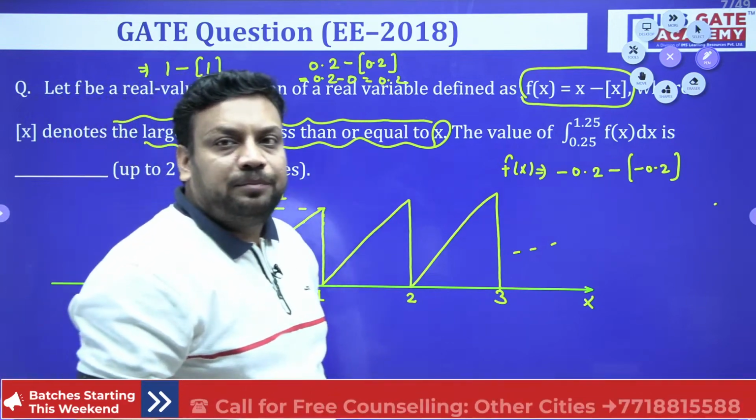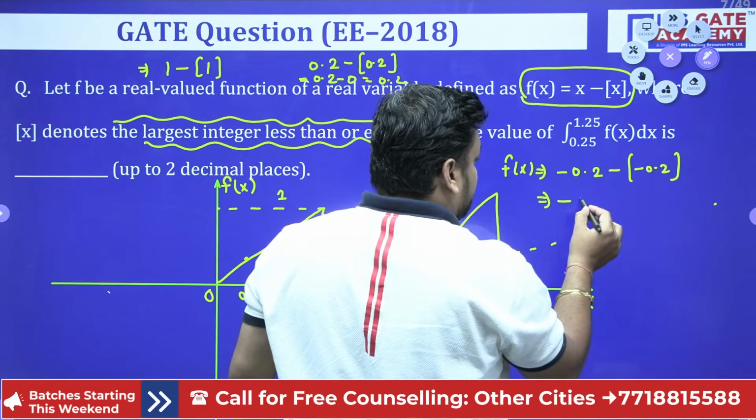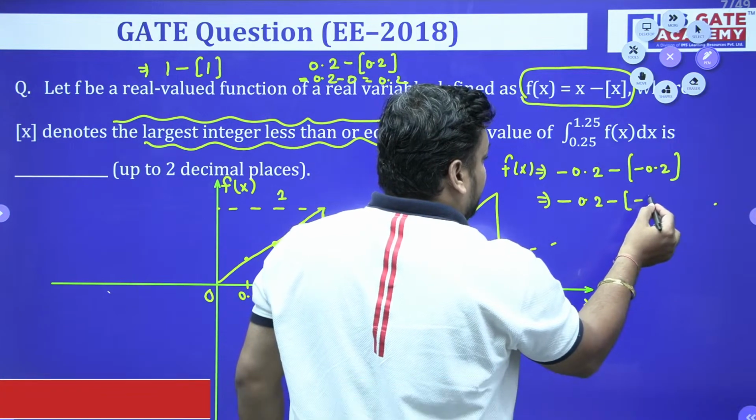Come on guys. Minus 1, sir, very good beta. So it is consistently correct: minus 0.2 minus minus 1.